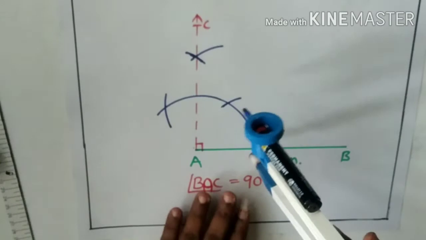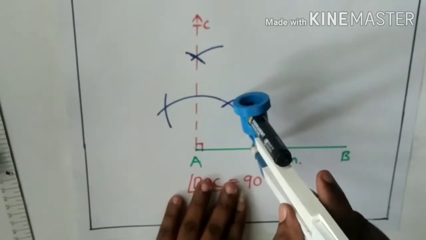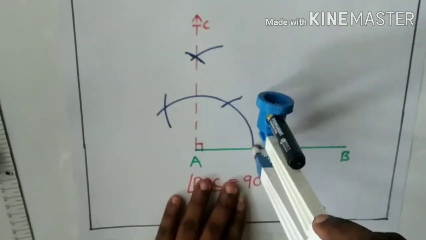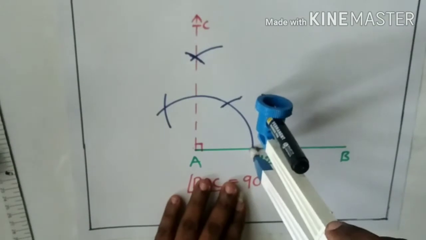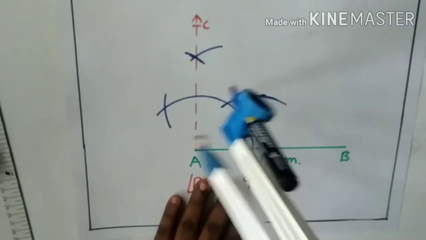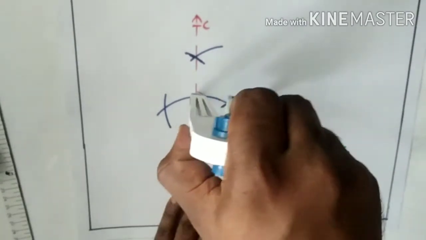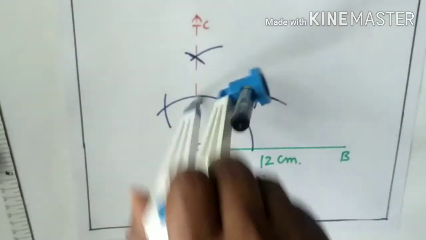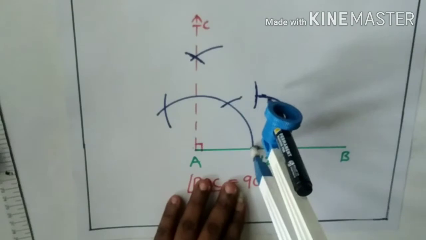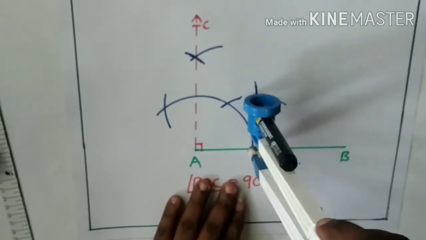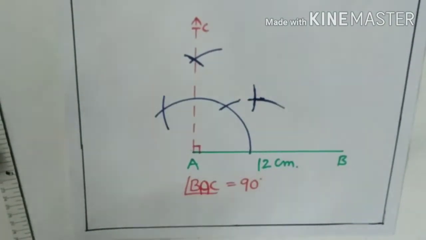I did not change this gap. See there, right? Now from this point draw an arc, and again on this 90 degrees line, where it is intersecting, draw an arc. It's not intersected properly, just extend it.